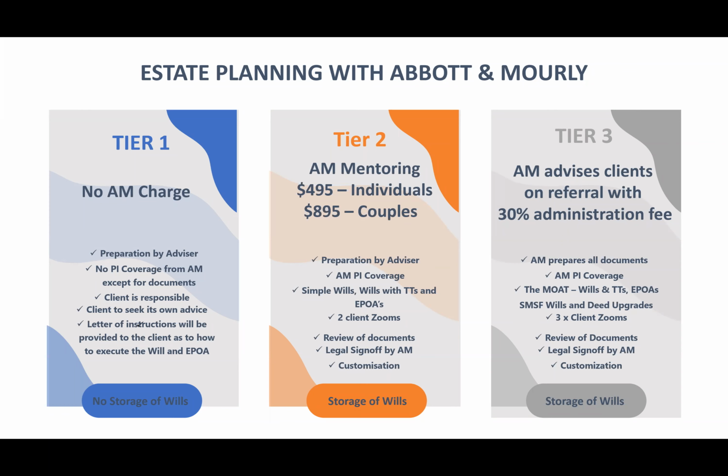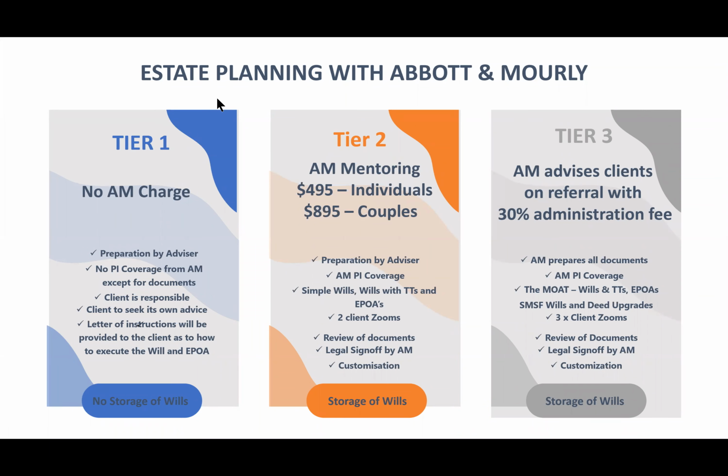Okay, all right. So Tier 1 basically is where the client actually prepares its own will, and effectively its own EPOA, through the data capture sheet with the advisor, and there's no legal sign off on that. So it's prepared by the advisor. There's no PI coverage from AM at all, except for documents.